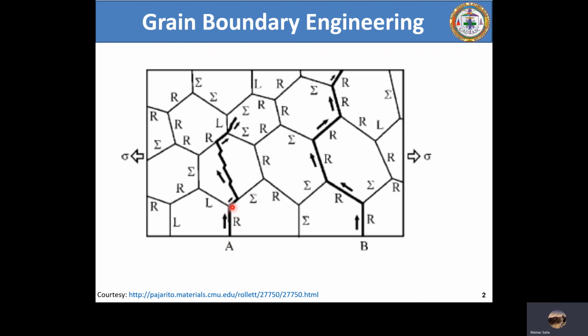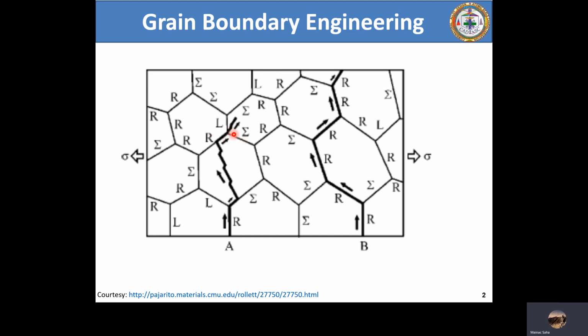The crack first reaches the triple junction, then propagates along the sigma boundary in an intergranular fashion, and after a certain point changes its mode of propagation to transgranular, propagates through the second grain, and then again changes to intergranular, and reaches another triple junction between L, R, and sigma.